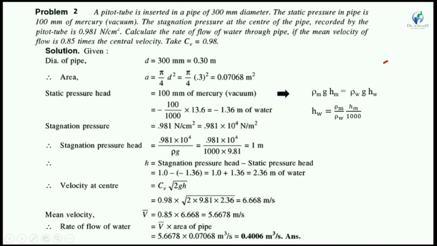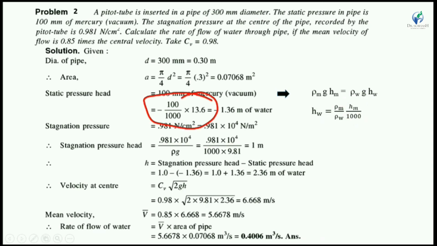Now we have to find the column height of water. So it's the ratio of density of mercury upon density of water, times Hm, the height of the mercury column. Divide by 1000 because it's given in mm, so convert into meters.